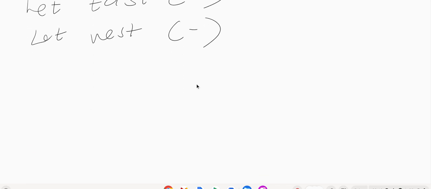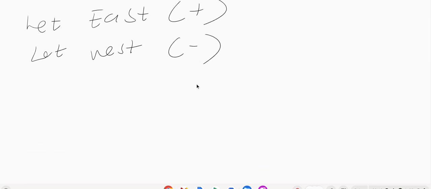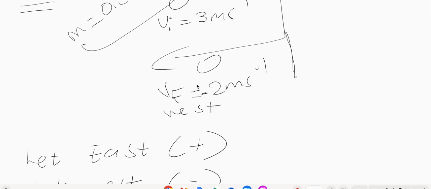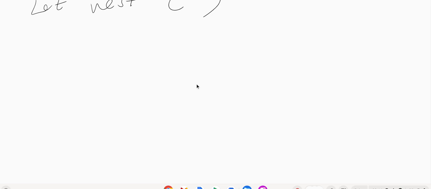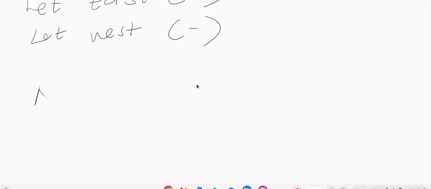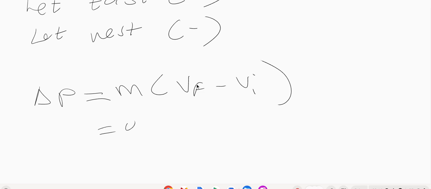So we always apply this when we're dealing with vectors, in a situation where an object changes direction, because we have to take direction into account. So the change in momentum is the mass times the v final minus the v initial. Our mass is 0.5, our v final has a minus sign, so minus 2, minus the v initial, which is 3.